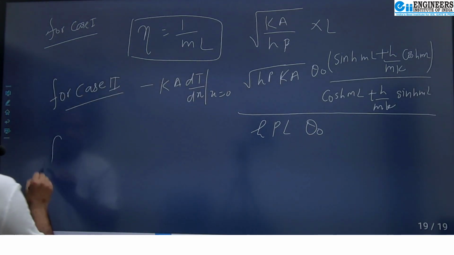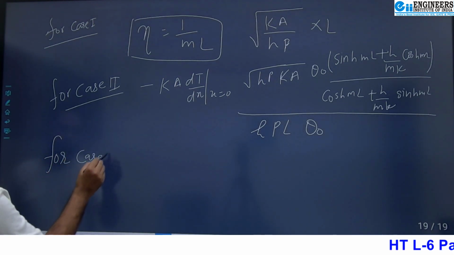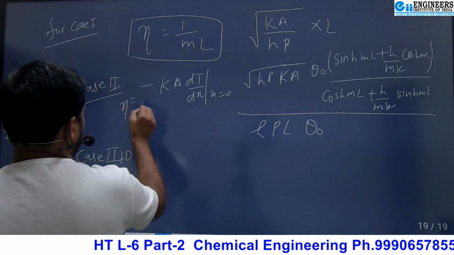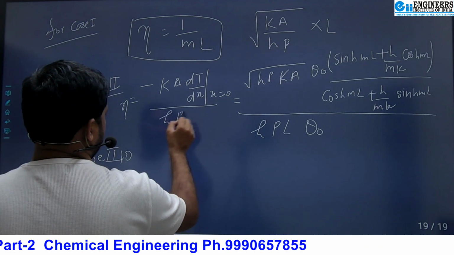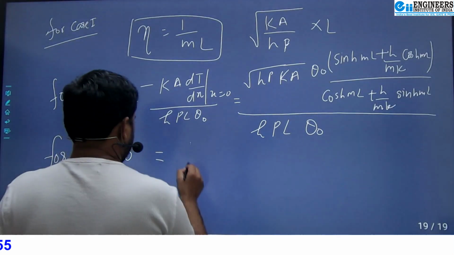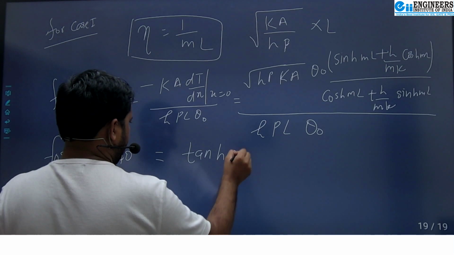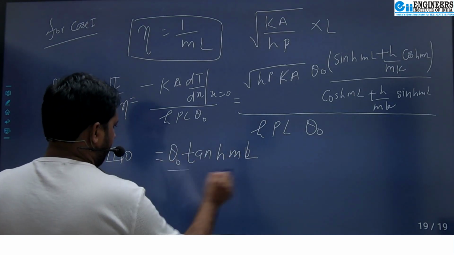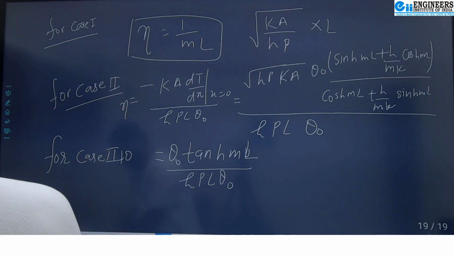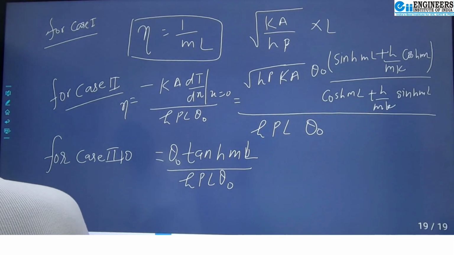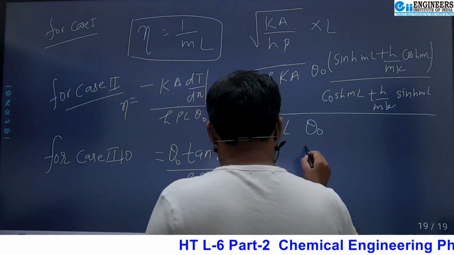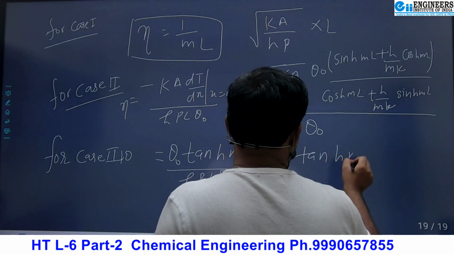And similarly for case 3, we know the efficiency. In case 3 we found that the actual heat transfer was tanh mL theta naught divided by hPL theta naught, and this is nothing but tanh mL upon mL.